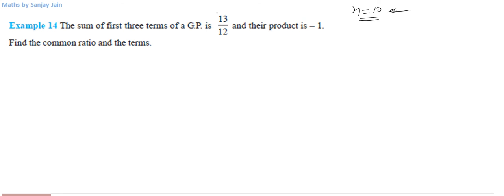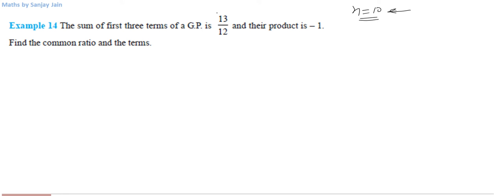Okay, and their product is -1. So let me write it here. Their product is -1. Now if you see, r can directly be cancelled and a cubed is equal to -1. So a will be equal to -1 because I just need the real root. This is a cubic polynomial, right? So it will have 3 roots, out of which 2 are imaginary, 1 is real.